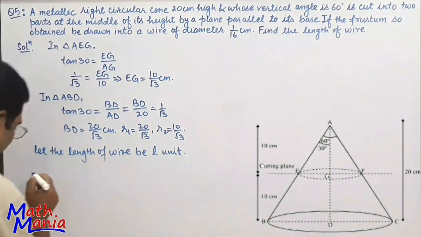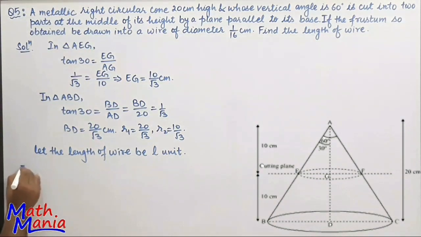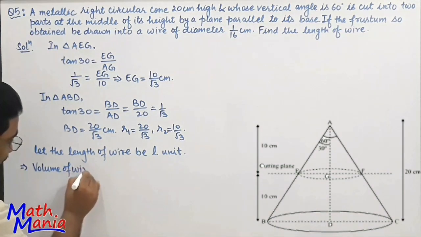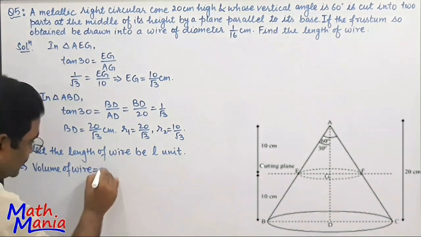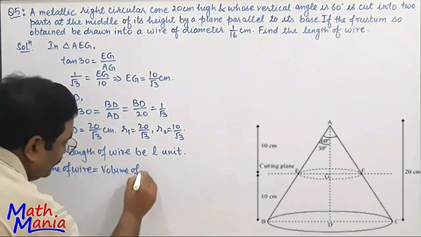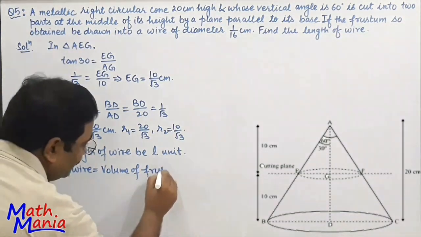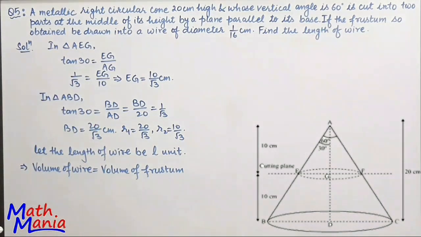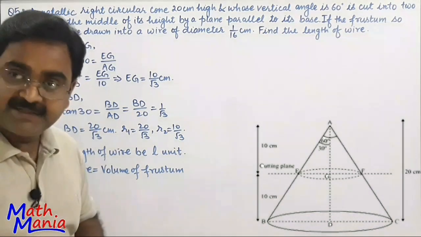Therefore, volume of wire is equal to volume of frustum. The wire is in the shape of a cylinder.